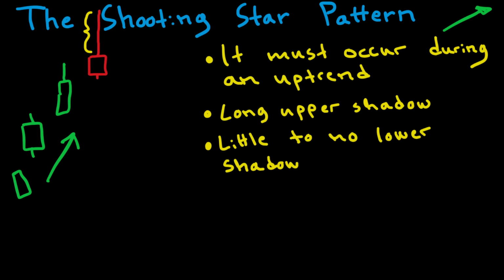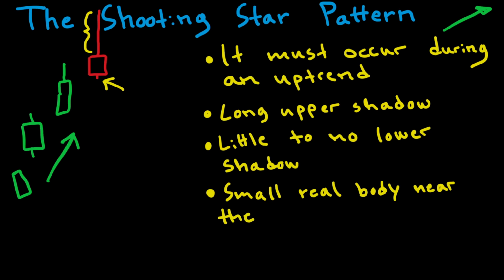So preferably, this little shadow below the real body should be as small as possible. So long upper shadow, little to no lower shadow, and a small real body, we can say near the low of the day. And it's this part right here, which is the real body.